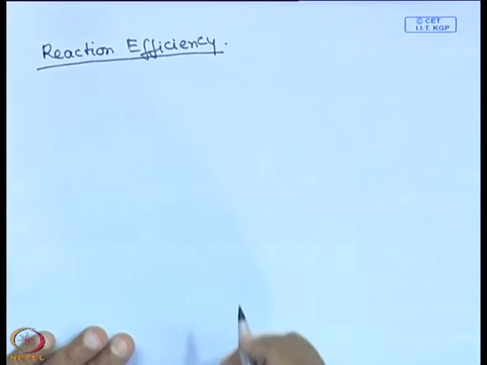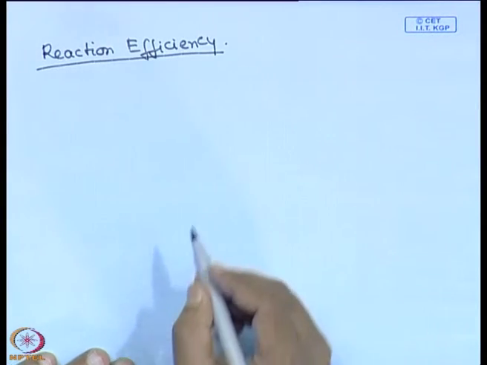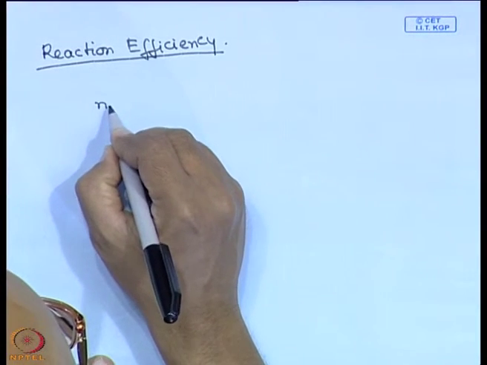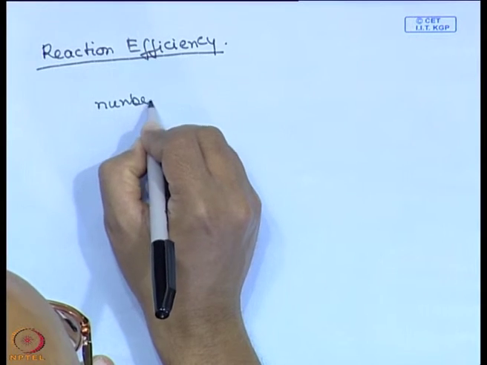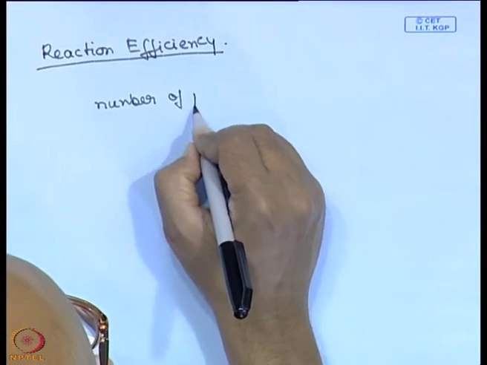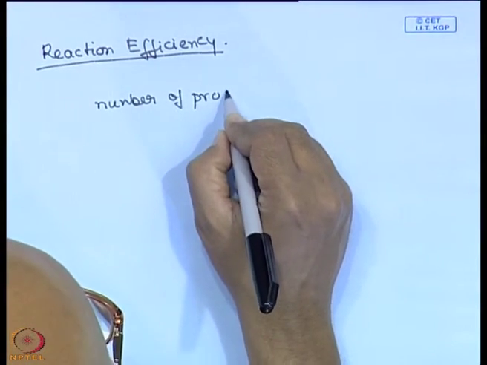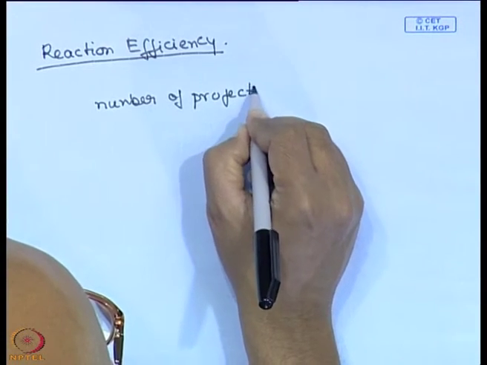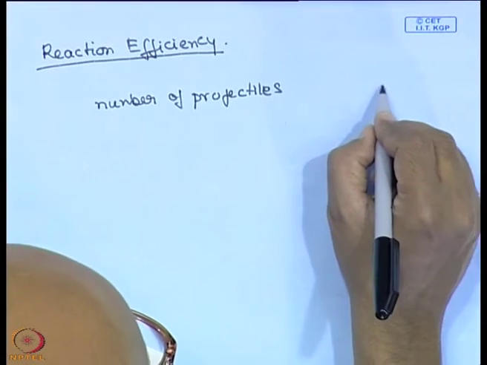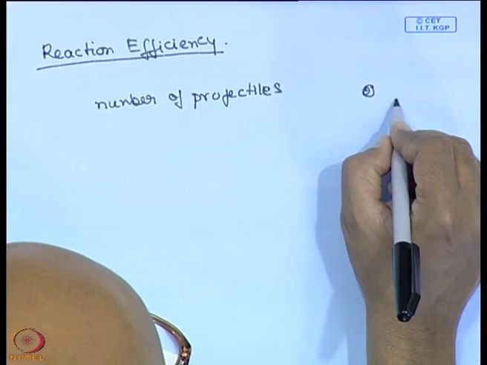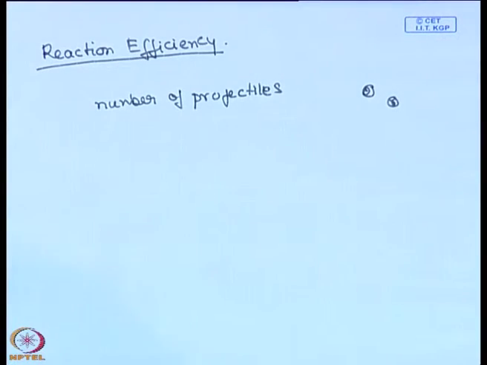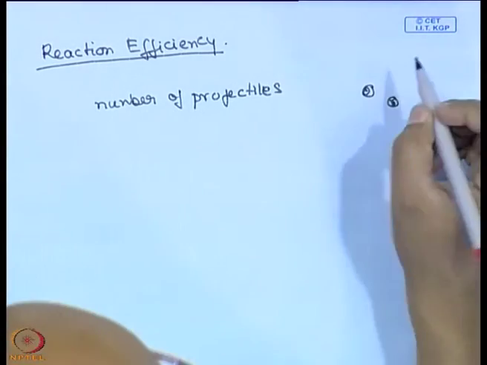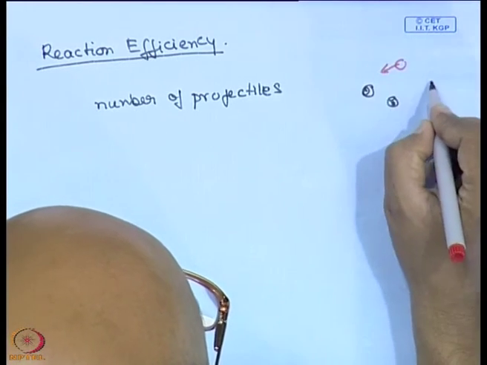Now, the rate at which energy is released in this reaction depends on the number of projectiles, for any reaction. The way we think of it is, we have these particles and there are some other particles incident on them.